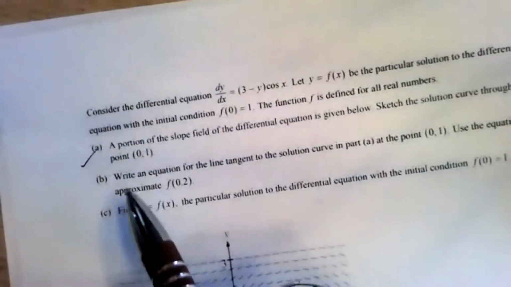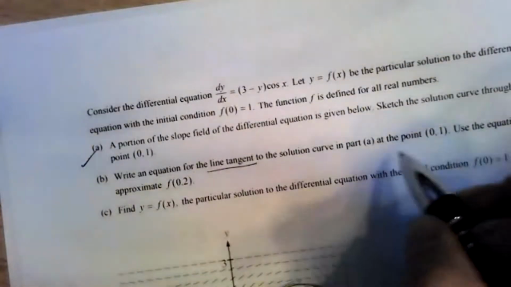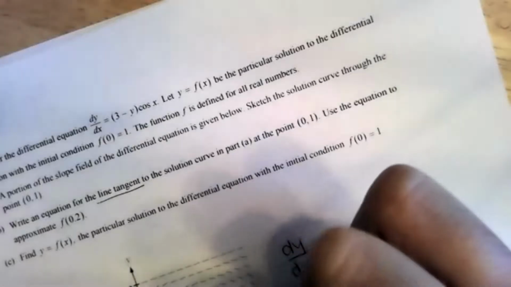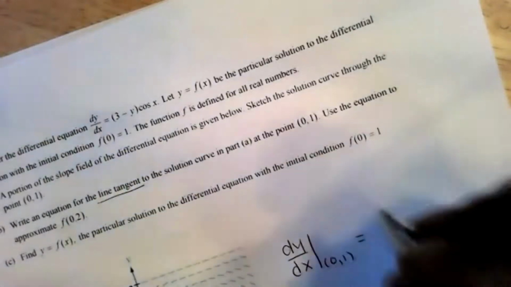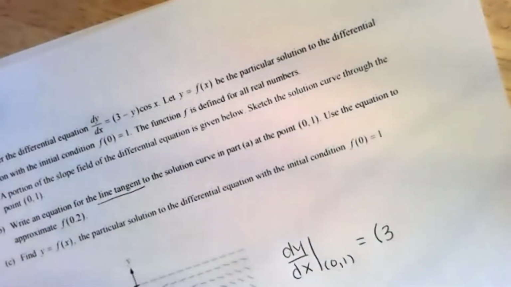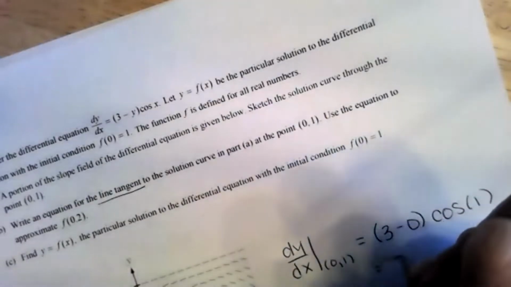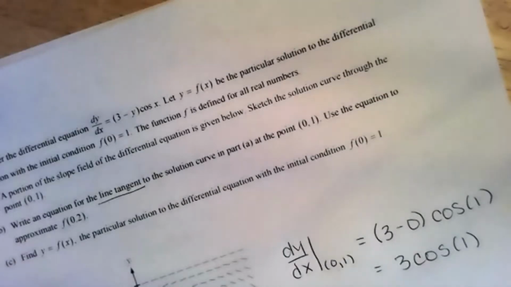So part A. Part B, write an equation for the line tangent to the solution curve in part A at point (0, 1). So, all right, I need my slope at (0, 1). So what I'm going to do is plug in 0 and 1 to my original function. So that gives me my slope.